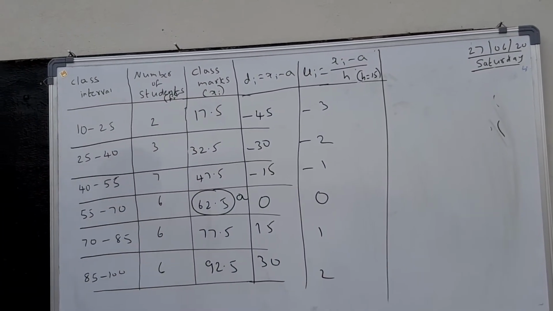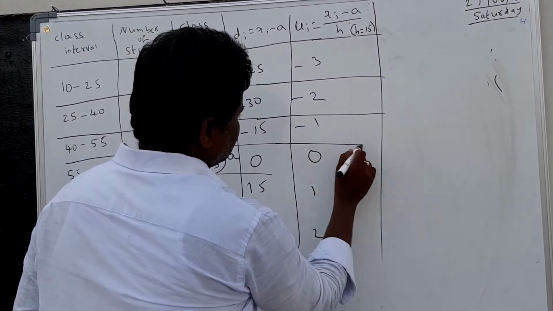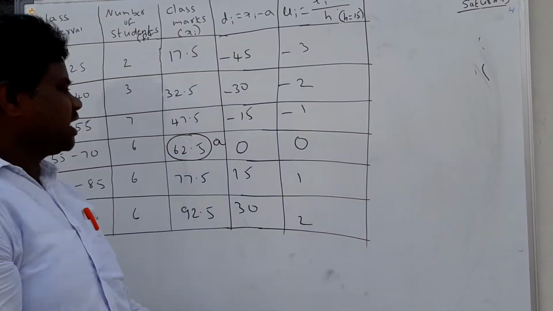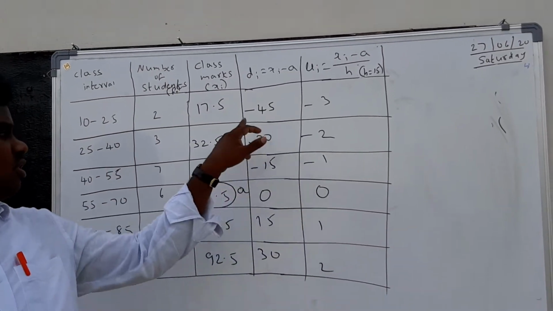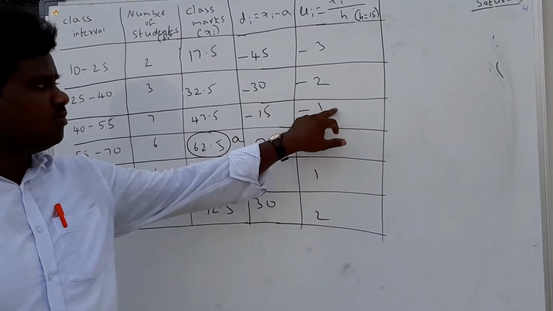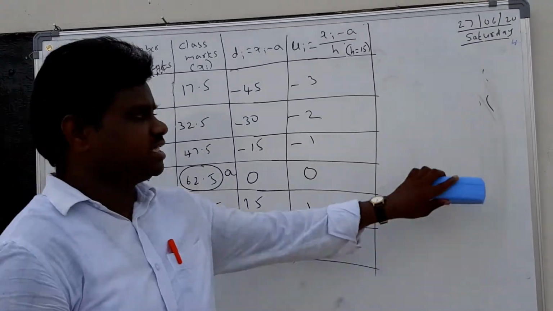The size of any class here will be 15. So here we get minus 3, minus 2, minus 1, 0, 1, 2. If you want to calculate the mean directly, the assumed mean gives 0 here, then minus 1, minus 2, minus 3, and here you will get 1, 2 like that.